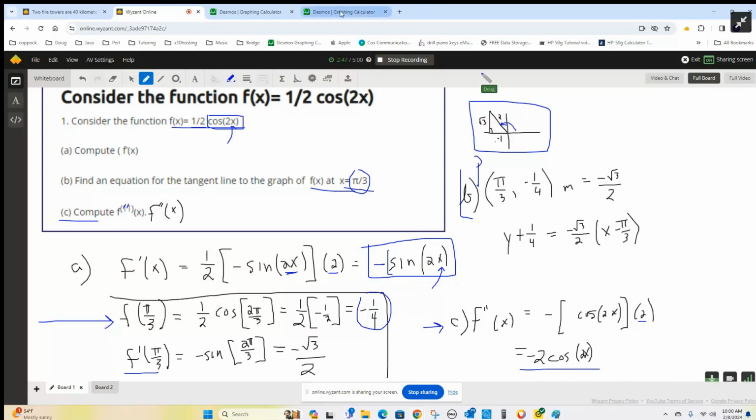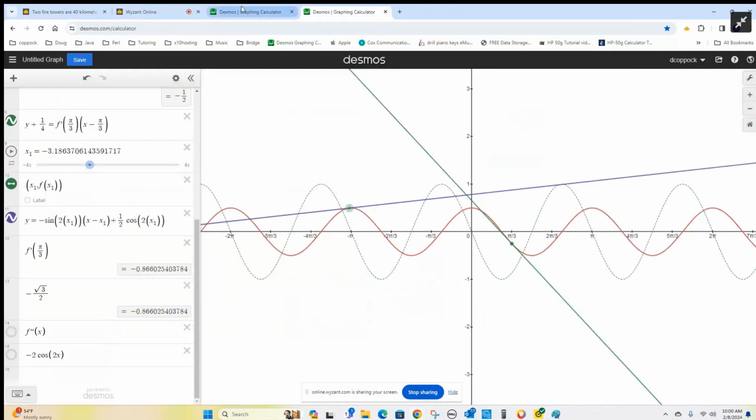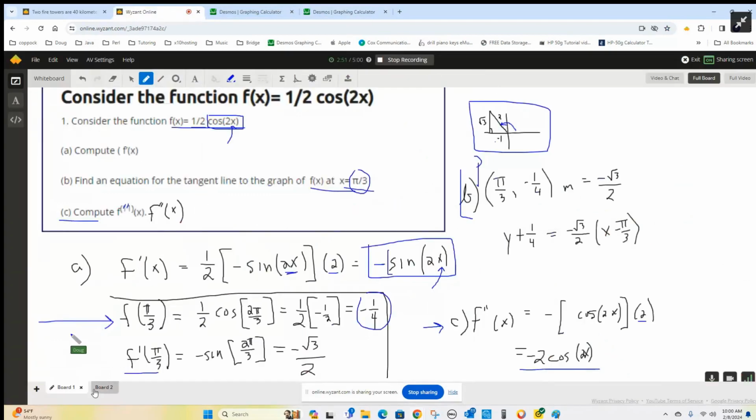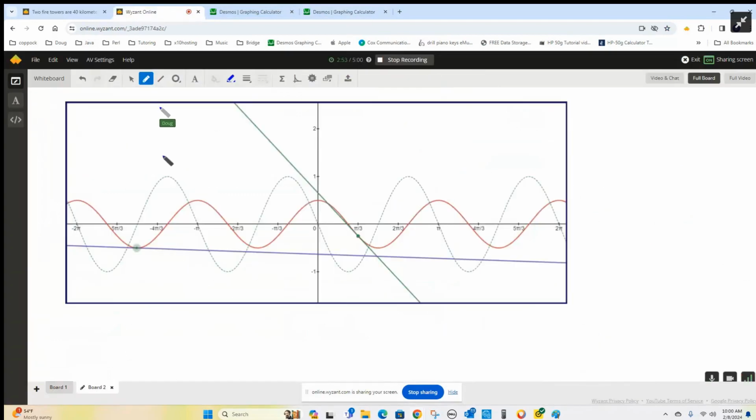I'm sharing my screen right now. I wanted to go back to here and show you a graph from Desmos depicting what's going on. This red curve is the original function. The light green dashed curve is the graph of the derivative, and there's the tangent line at pi over 3, negative 1/4.